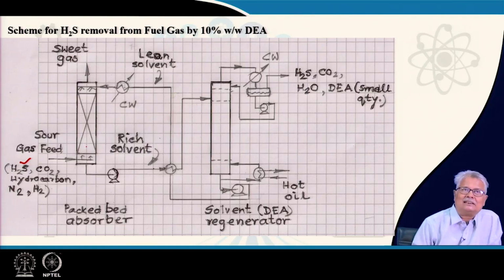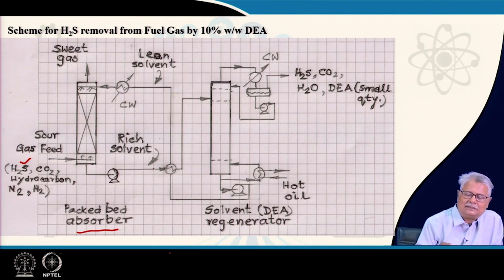Here you have a packed tower being used as the absorber. Once the H2S is removed, it is no more sour, so the exit is the sweet gas. The sweet gas will contain a very small quantity of residual H2S and carbon dioxide, and the rest will be the unabsorbed material: hydrocarbon, nitrogen and hydrogen.